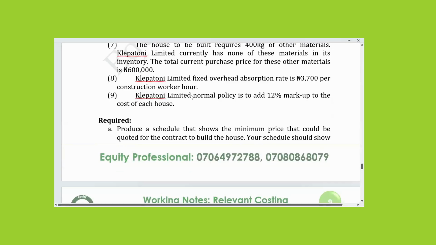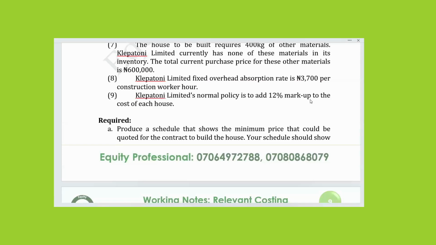Clepartoni Limited's normal policy is to add 12% markup to the cost of each project. Percentage markup is a profit on cost, okay? When you want to determine profit on cost, that is called markup.